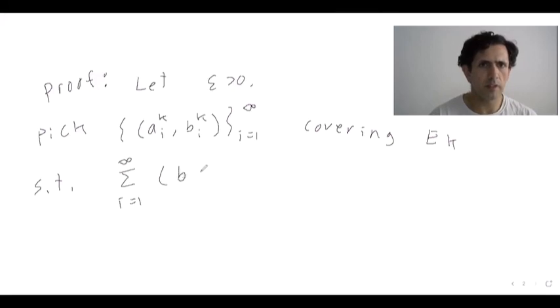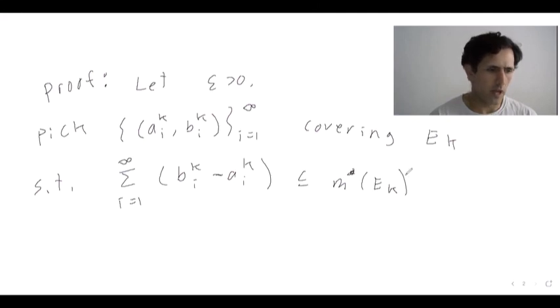So the sum of these lengths here is less than or equal to the outer measure of E_k plus epsilon over 2 to the k. And why is this true? Well, remember what outer measure is.